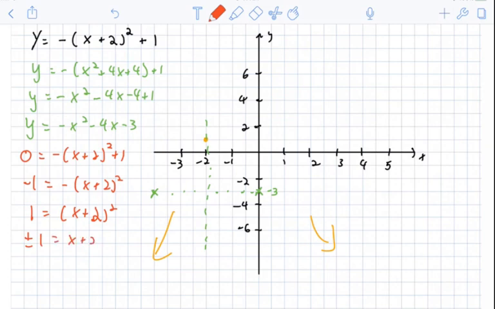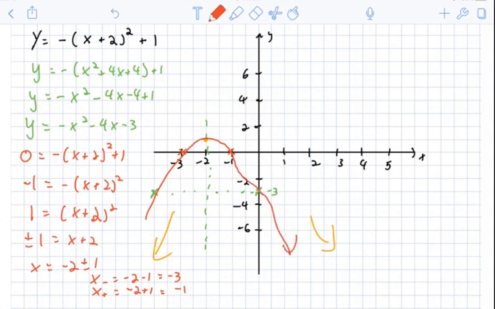So x is equal to minus 2 plus or minus 1. So x minus is minus 2 minus 1. X plus is minus 2 plus 1. So that's minus 3 and minus 1. So you go to see that point and that point. And then you can draw your parabola. All right?